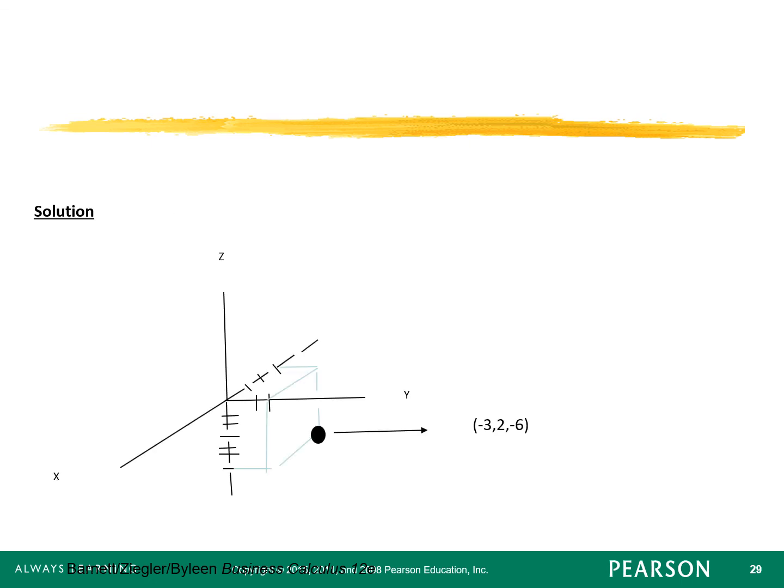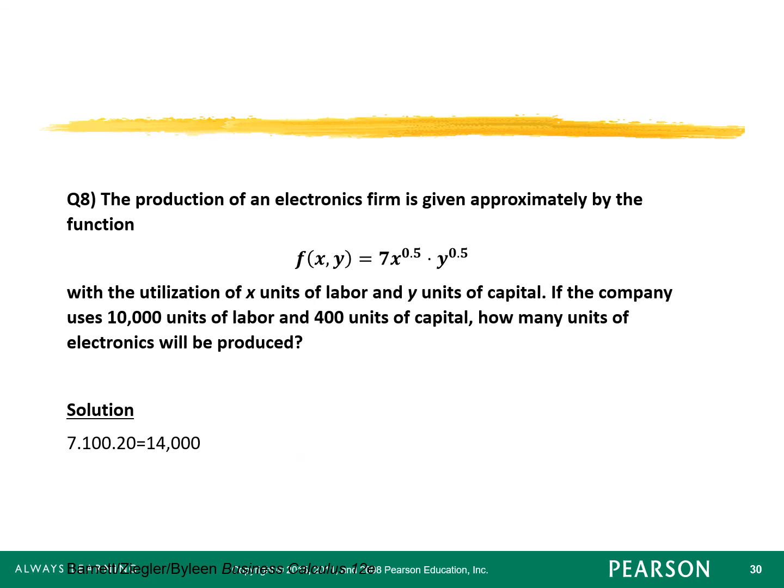First of all, we are going to draw these points, and after that we are going to unify the points, and where they intersect will be our answer. This black point will be our answer, which is (-3,2,-6).